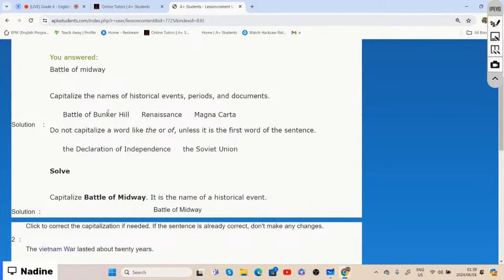Which means that the Declaration of Independence is one of the important documents, or historical documents. However, it needs to be written the way we see it. The Soviet Union is what's more important to stand out, and that is why it is written the way it is written.